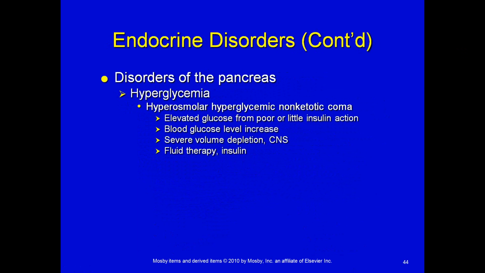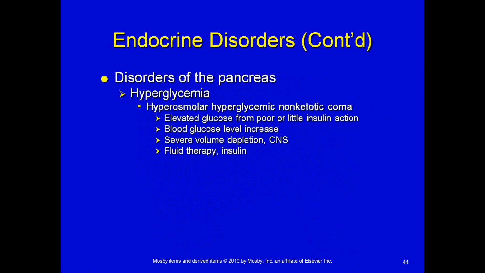Hyperosmolar hyperglycemic non-ketonic coma, or HHNC. This occurs particularly in elder patients where they have little or poor insulin, but the insulin they have is just good enough to keep their cells from metabolizing fat, but not enough to keep the sugar low in their blood.